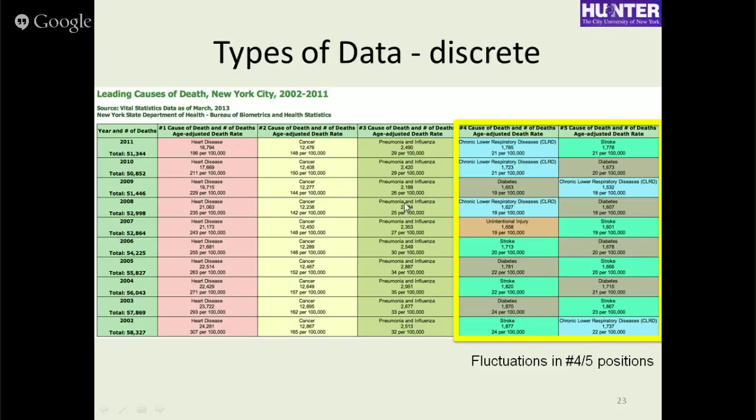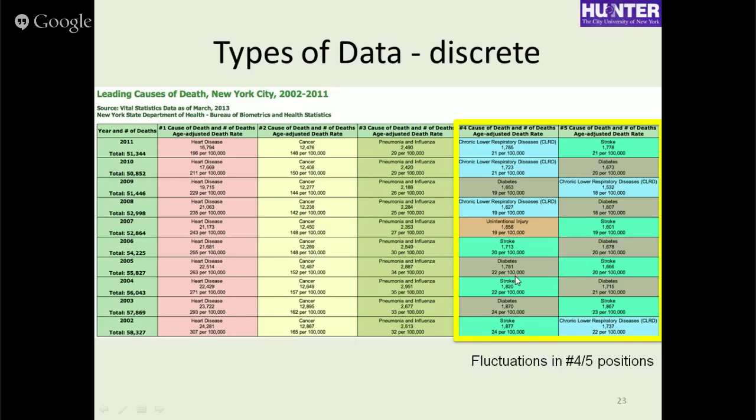And I only point out here that there are fluctuations in the 4th and 5th positions, as an example of likely uncertainty and random fluctuation in the number of deaths due to these diseases. So we have stroke, lower respiratory disease, and diabetes all taking turns in those 4th and 5th positions.